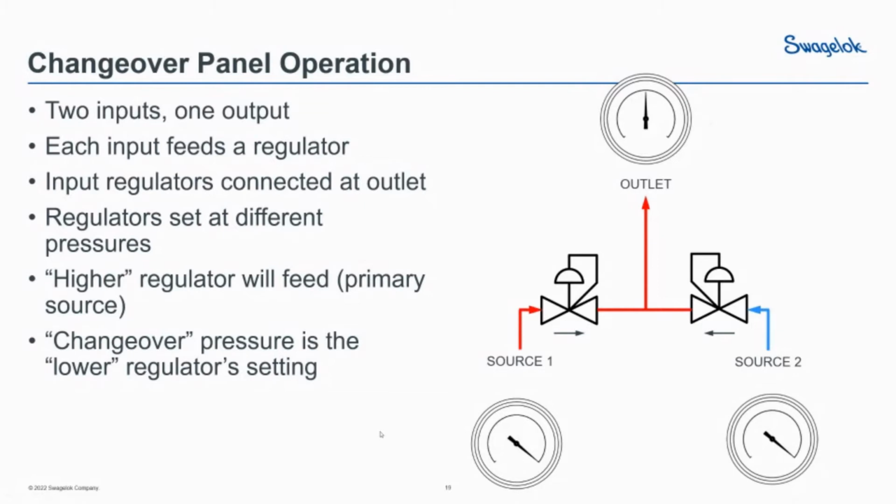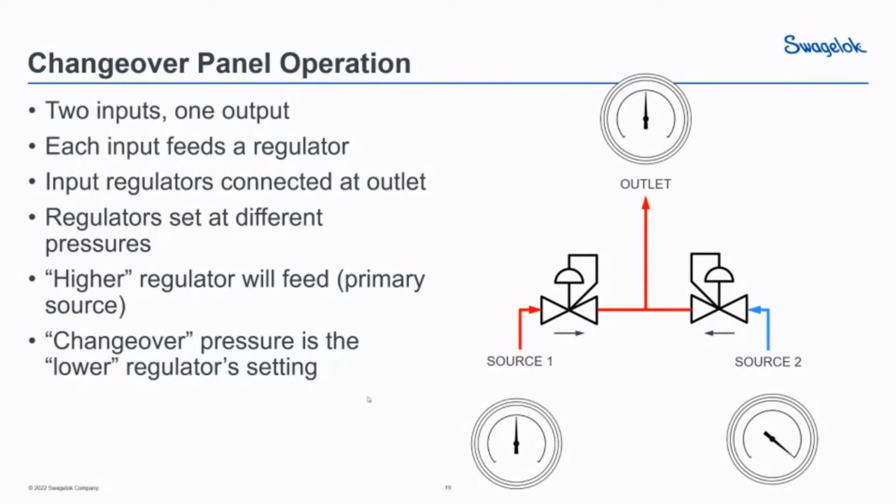So we see source one and source two are both quite full. And due to the regulators, the pressure at the outlet has been dropped, in this case, about in half. And source one is the higher setting regulator, and we can see it's drawing gas from source one. And it'll do that until the pressure in source one drops to the pressure setting of source one.